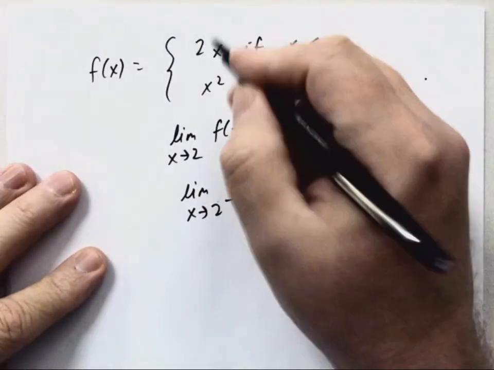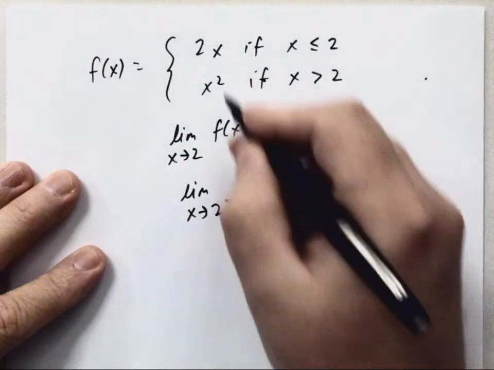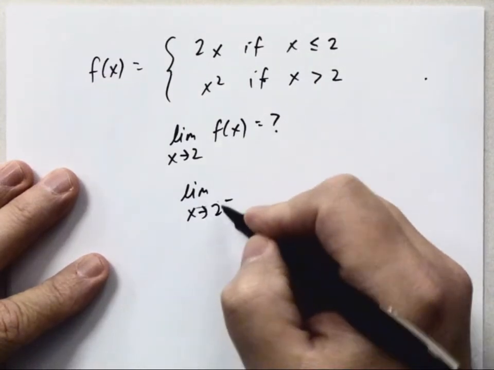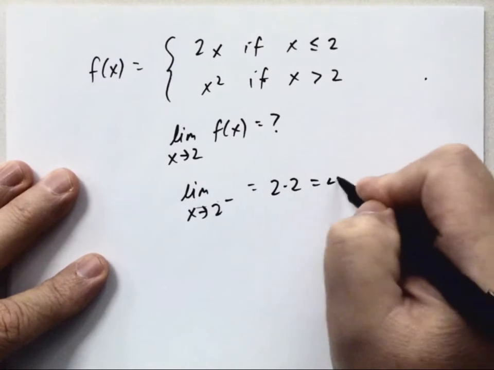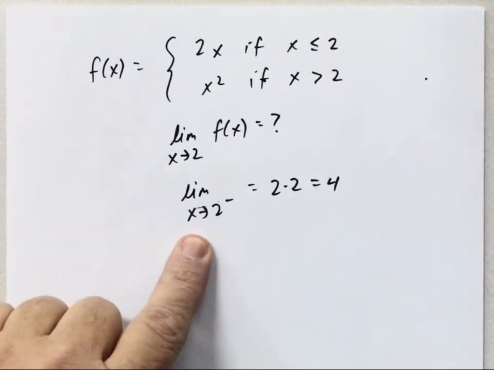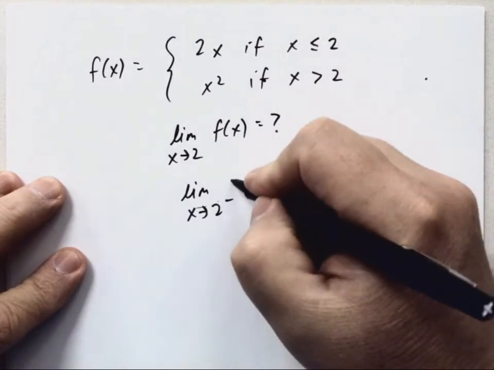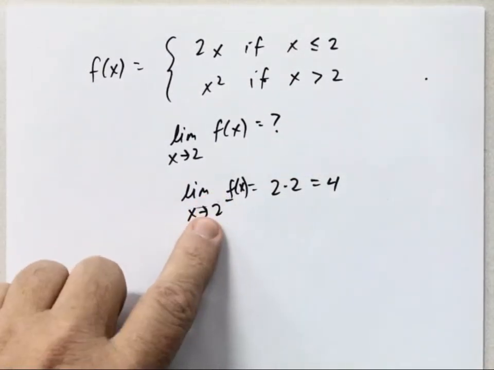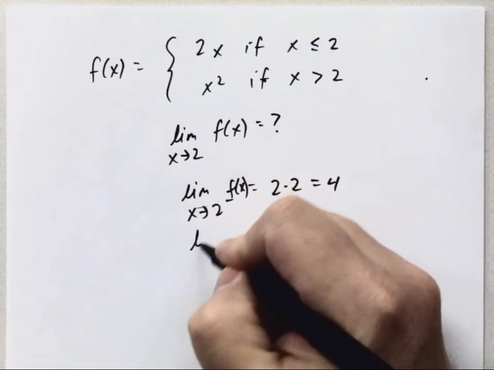Therefore I use this first function, 2x, and I plug in a value of 2 for x. So the limit of the function as we approach it from the low side is 4.